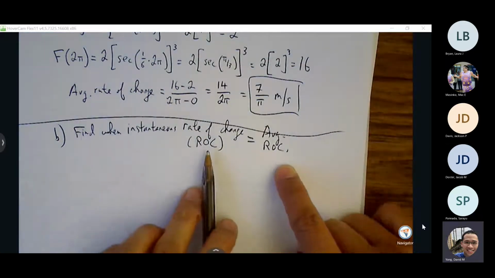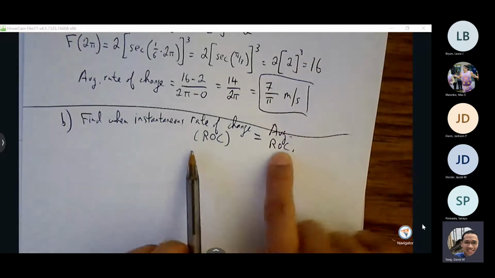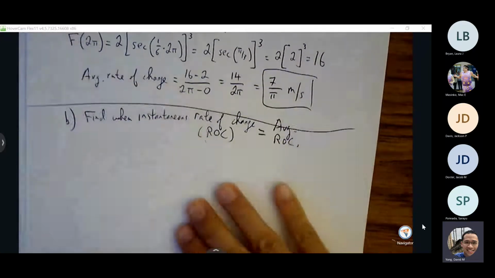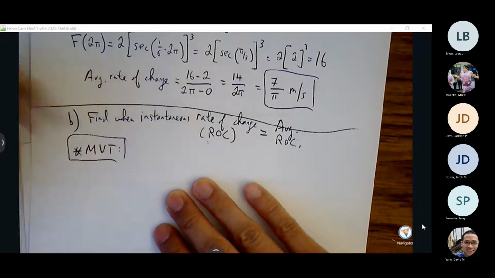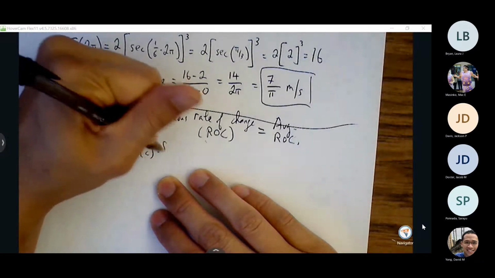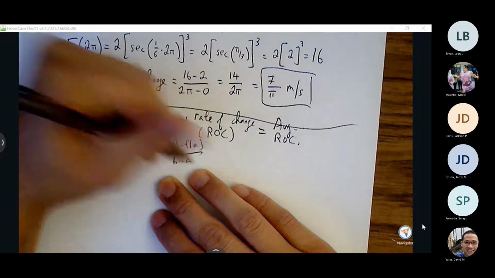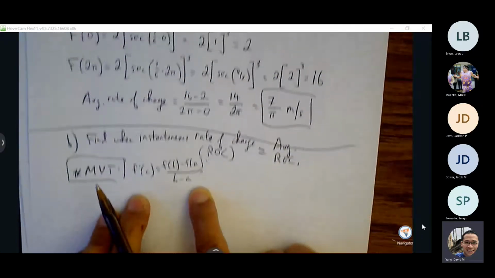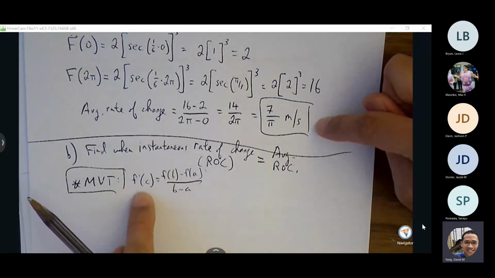So this is really spelling out mean value theorem. Mean value theorem, you have the slope between the endpoints, you have the derivative, and you set them equal to each other. Okay, so here's mean value theorem. We basically did average rate of change here, and now we're going to move to instantaneous. So instantaneous means I need to find the derivative.